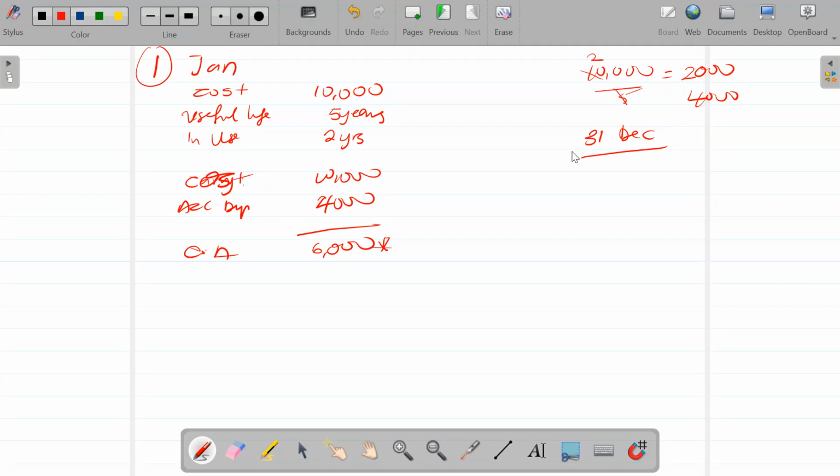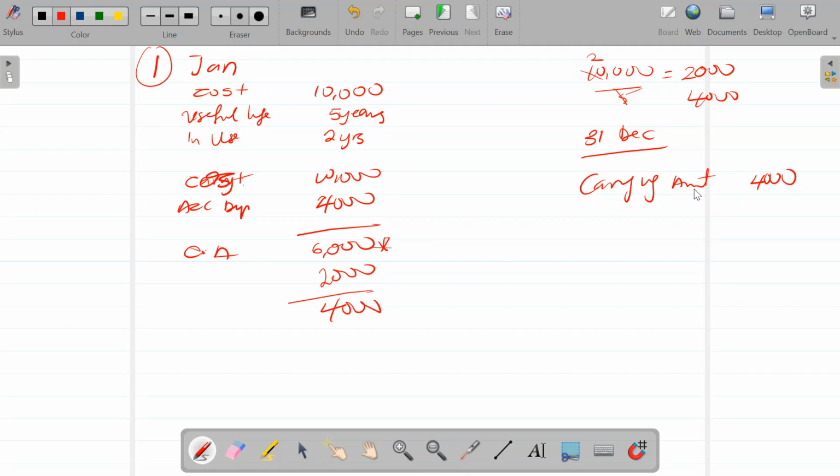So 31st December, every year the depreciation is 2,000. So 31st December, there will be a depreciation of 2,000. So the current amount will be 6,000 minus 2,000, which is 4,000.